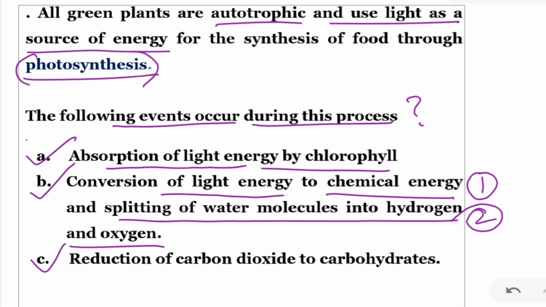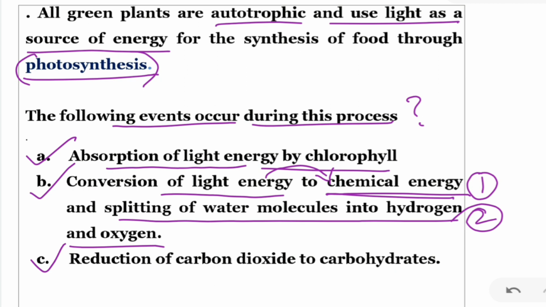Light energy is converted into chemical energy. We know that light energy is an unusable form of energy. This unusable form of energy is converted into a usable form such as ATP. We call it chemical energy.